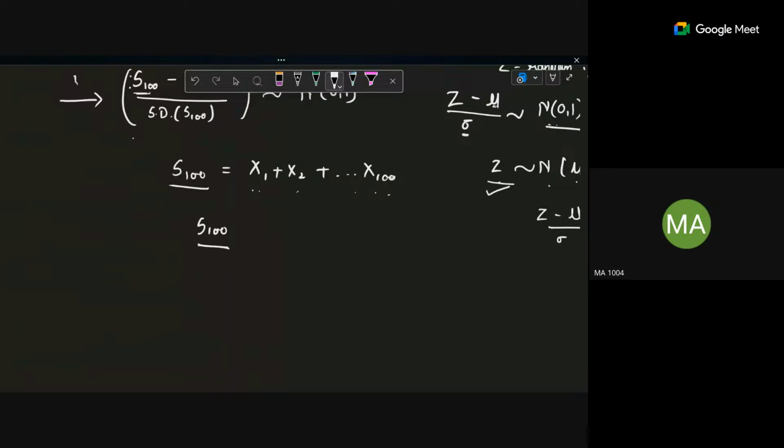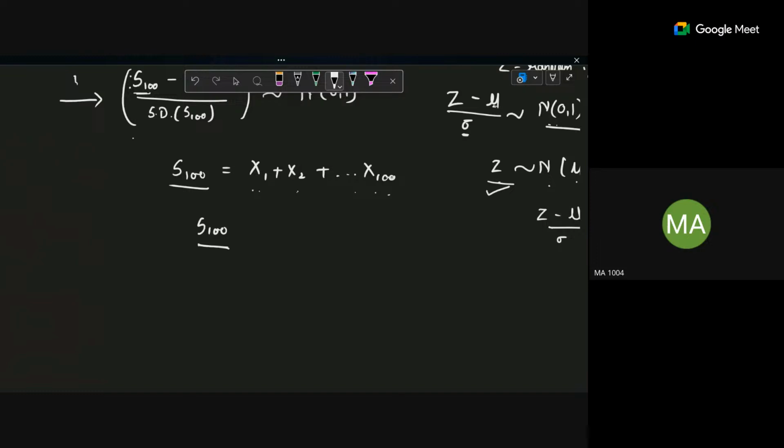First, you have to be clear that your S100 is following a normal distribution. From where did you get that your S100 will follow a normal distribution? This is the sum of 100 random variables, right? S100 is nothing but the sum of all the 100 random variables.